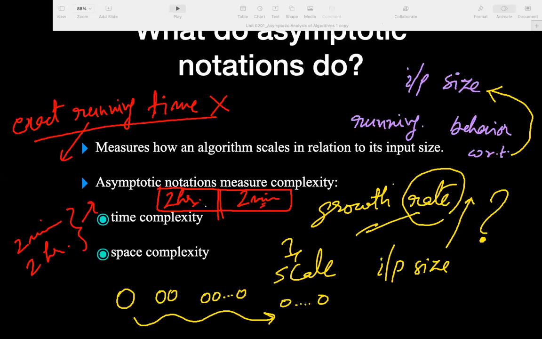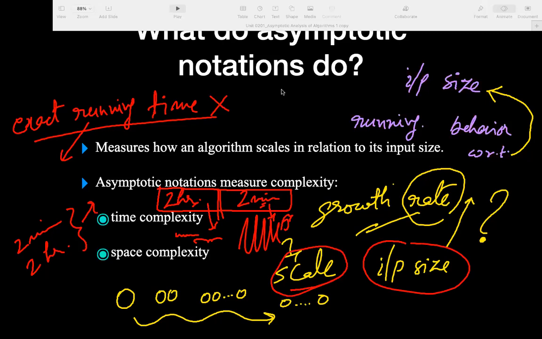For example, maybe the machine the person gave you is a very old machine and everything is kind of slow, and this guy is running on a state of the art machine and everything is very, very fast, right? So comparing the times is not a correct way of comparing two algorithms. Therefore, we need something else, and that something else is how our algorithm scales with input size, right? So this is what we should use. Is it clear to you why the running time in terms of time is not the correct measure?